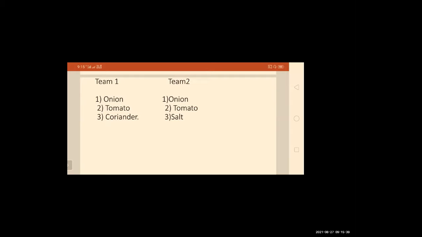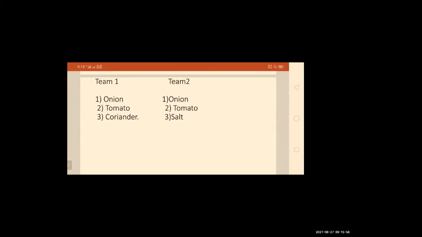And now, what is your task? You have to prepare a short and sweet recipe using these ingredients. Using these ingredients, you have to prepare a recipe and you have to serve this recipe to your friends.